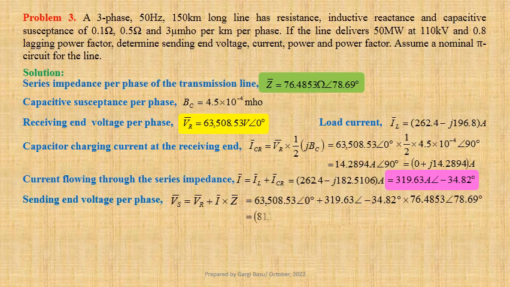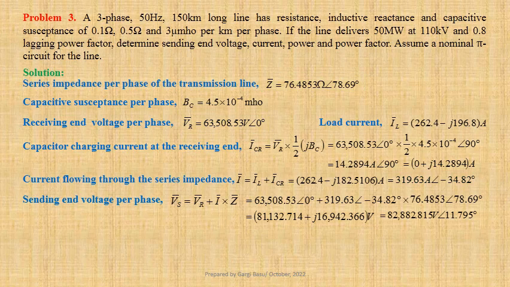That gives us 81,132.714 plus J times 16,942.366 volt. This may be written in polar form as 82,882.815 volt at an angle 11.795 degree.